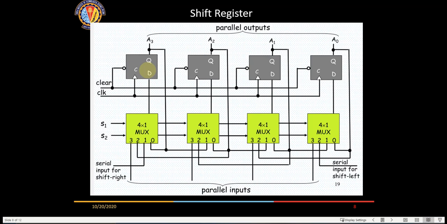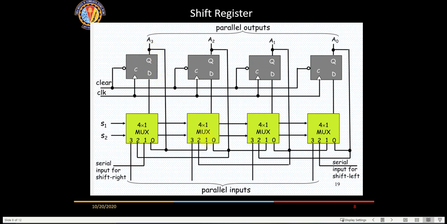We'll see what happens to the next register. When it is 0 1, whatever is the serial input will come here. Anybody can just say yes or no? Yes, sir. Yes, sir. Okay, this shifts the data to the right flip-flop. We will come to that. Now this data has come here. What about this one?